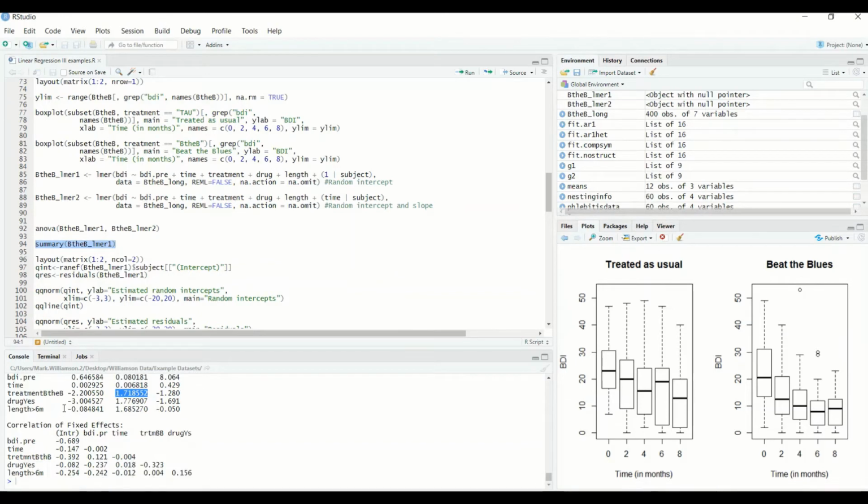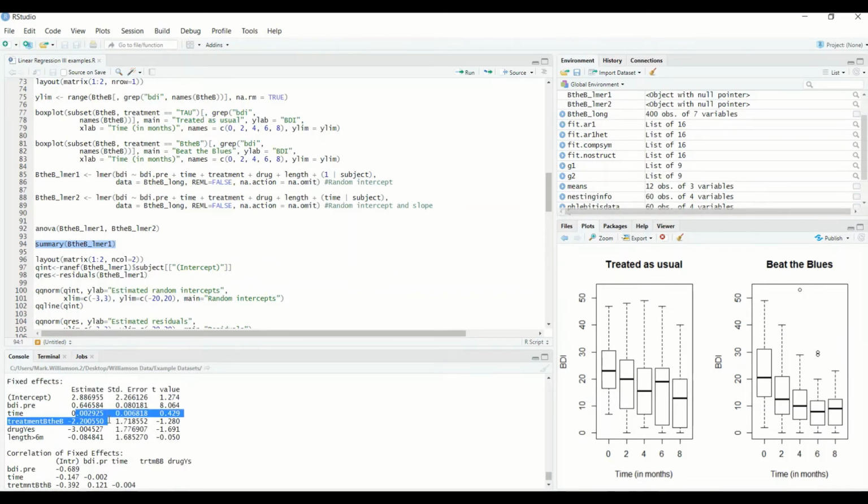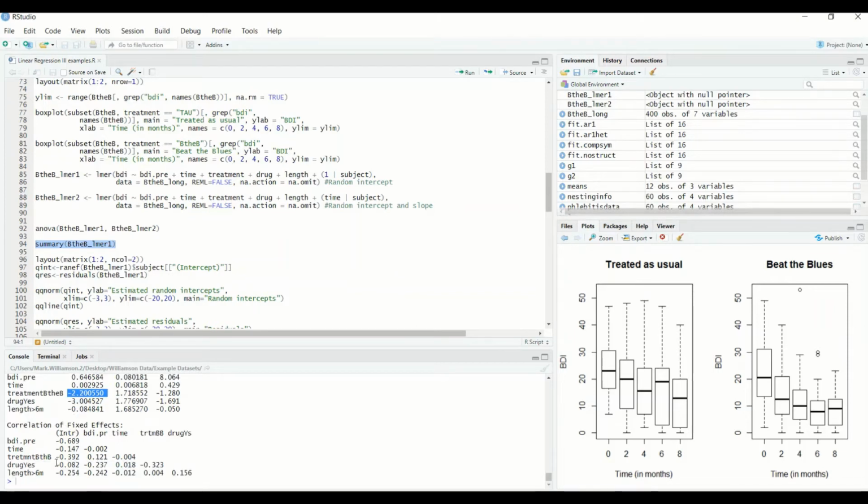Sorry, that's not what we're looking at here. Time really didn't have much of an effect. And treatment also didn't seem to have much of an effect, whether you were treated with the user or beat the blues. So let's take a look.